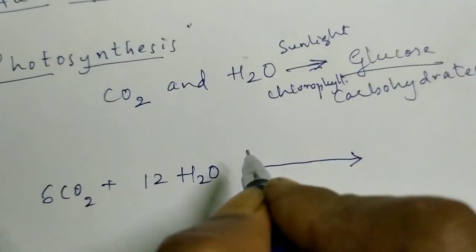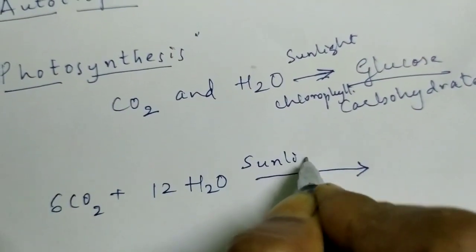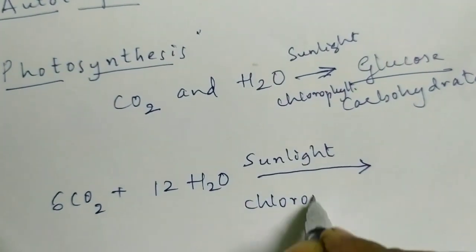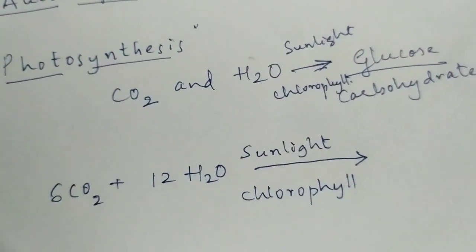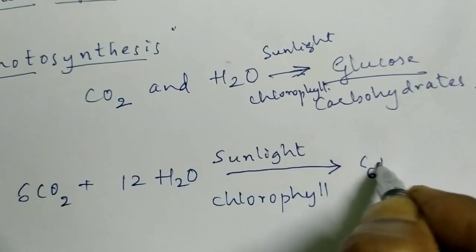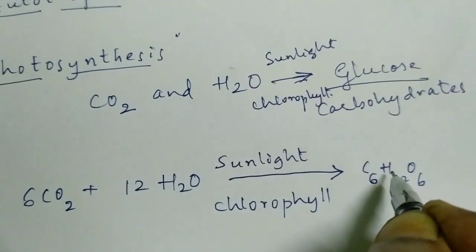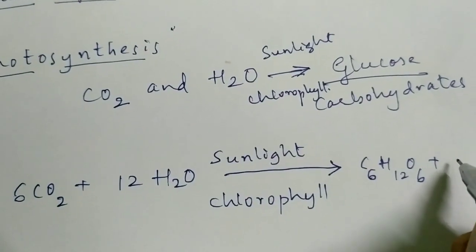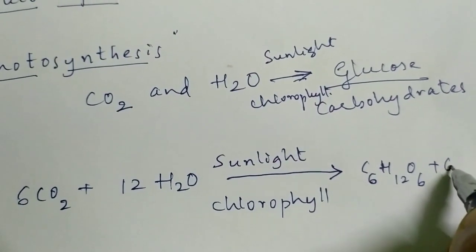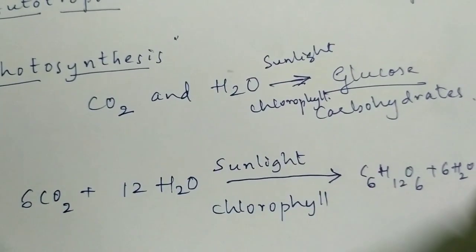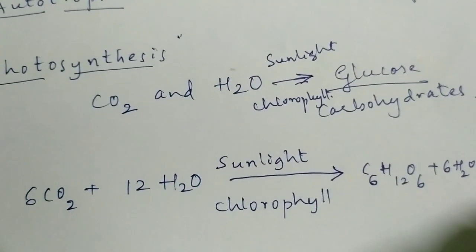The combination of carbon dioxide and water takes place in the presence of sunlight and chlorophyll and gives glucose, that is C6H12O6, and along with this 6 molecules of water and 6 molecules of oxygen are also given out.